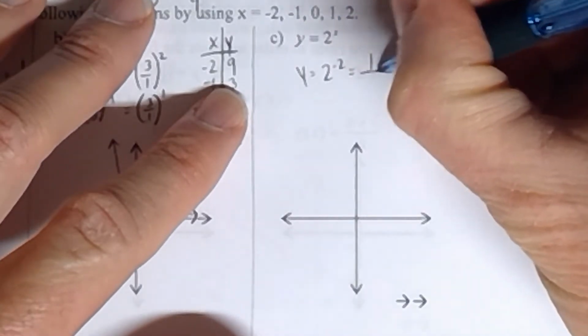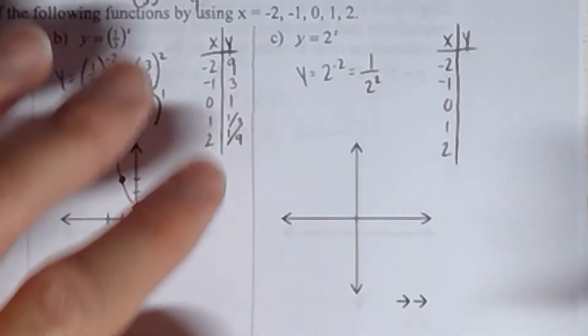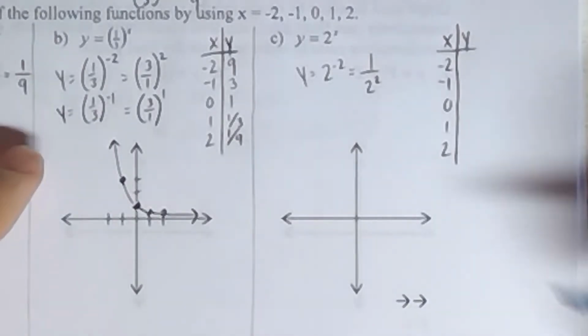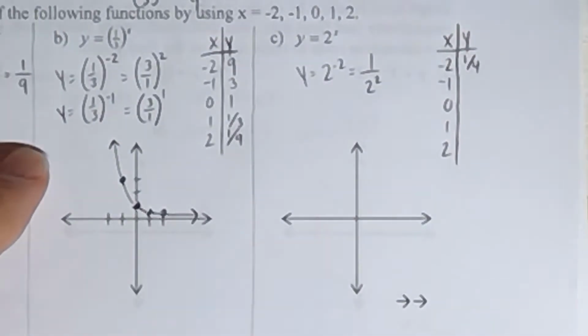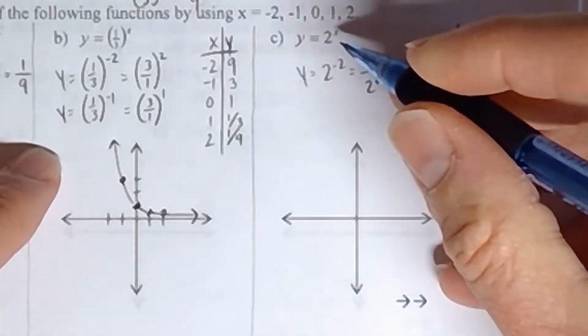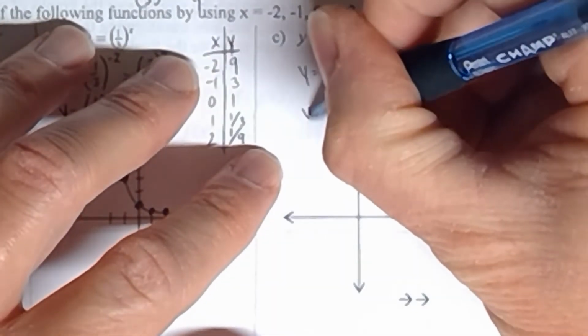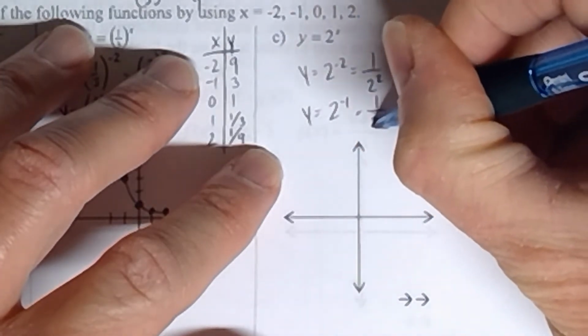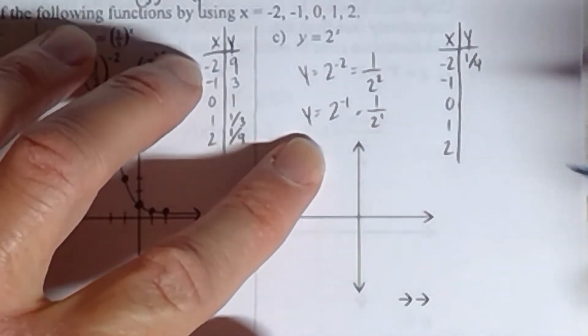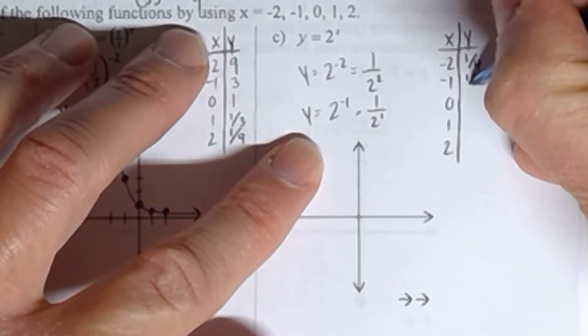Isn't that 1 over 2 squared? Just like we had 1 over 3 squared in the first problem. And so that's going to be 1/4. And if we plug in negative 1, a similar thing occurs. 2 to the negative 1 is 1 over 2 to the first, which is 1/2.